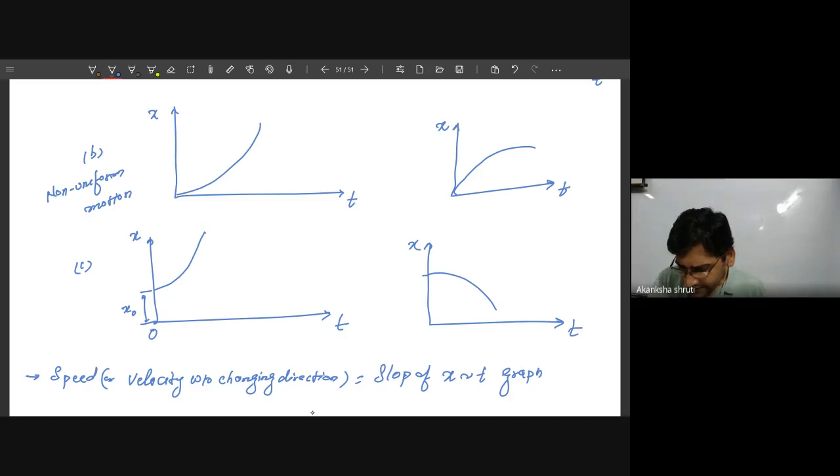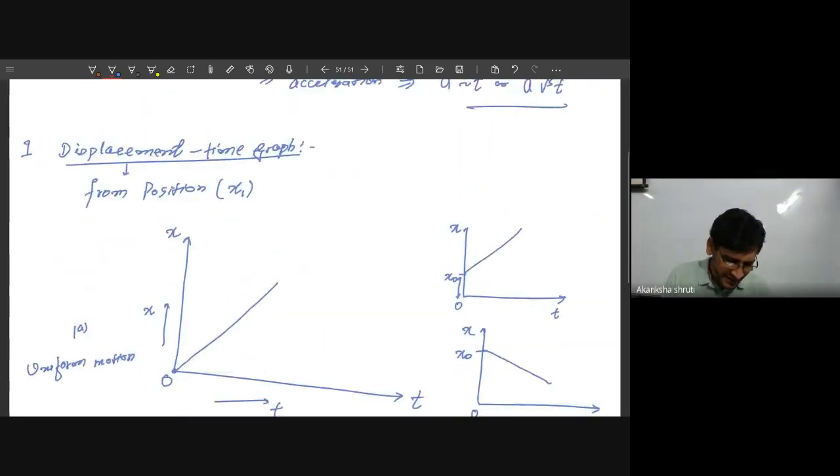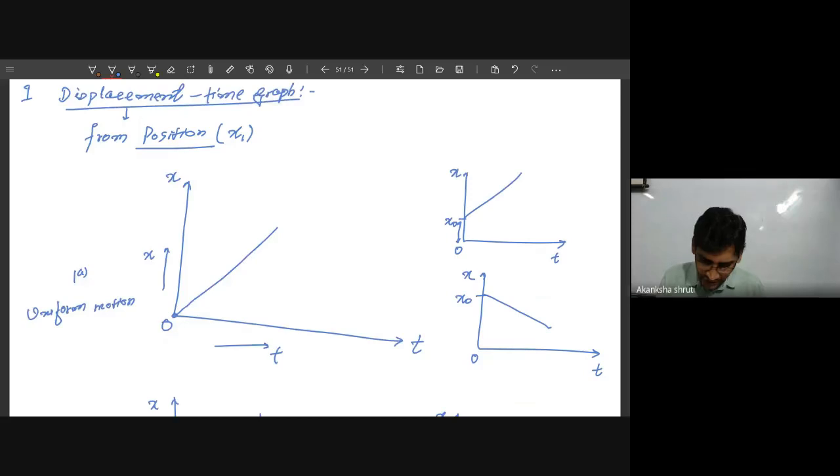x is plotted along the y-axis, meaning along the vertical axis, and time is along the horizontal axis. So this is the significance of a position time or displacement time graph, that from the displacement time graph speed can be calculated. How is this calculated?